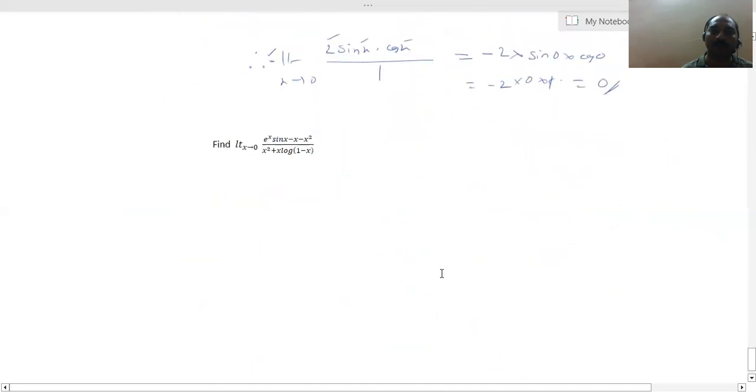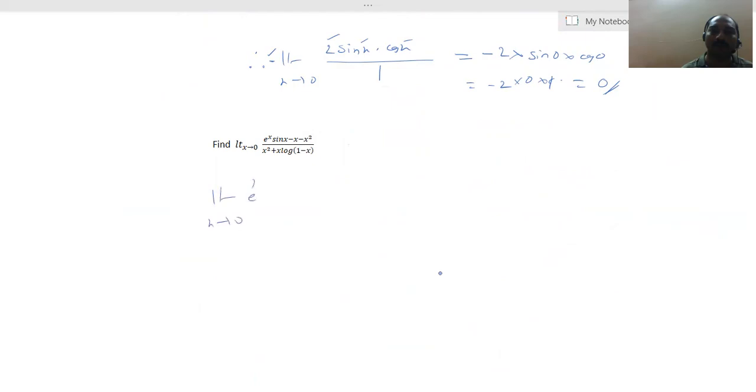This is done in two ways. For example, if you substitute the x value, what happened? You observe limit x tends to 0, e power x sin x minus x square by x square plus x times log of 1 minus x.